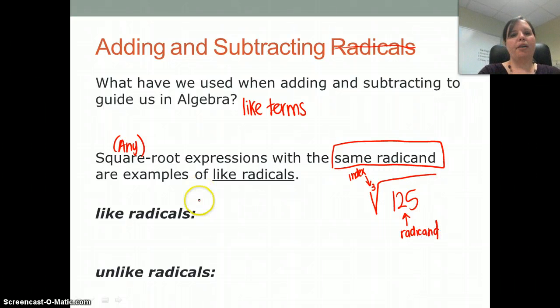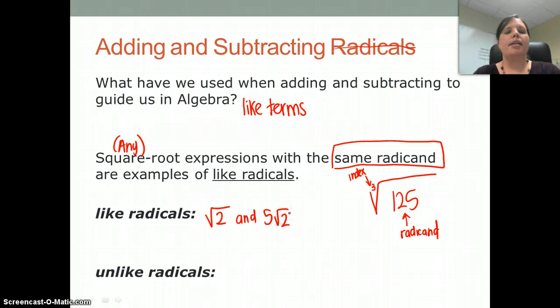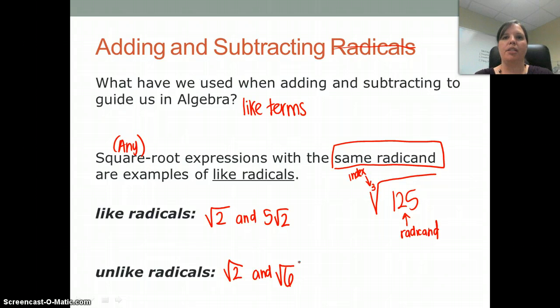So when we talk about like radicals, square root of 2 and 5 square root of 2 have the same radicand inside that square root, so that makes them like radicals. Any other form, so square root of 2 and square root of 6, any deviation from those radicals being identical would be cases where we can't add them together.